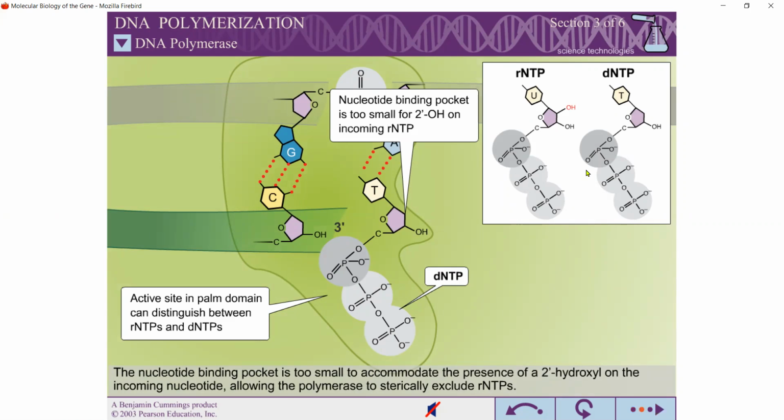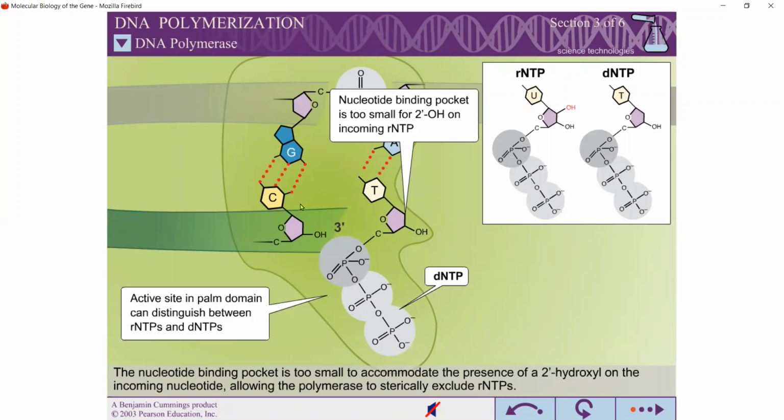If you look into the structure of RNTP, that is ribonucleoside triphosphate, and DNTP, that is deoxyribonucleoside triphosphate, now observe, for RNTP, there is a 2' OH. For DNTP, oh, there's oxygen here. For DNTP, there is no oxygen.